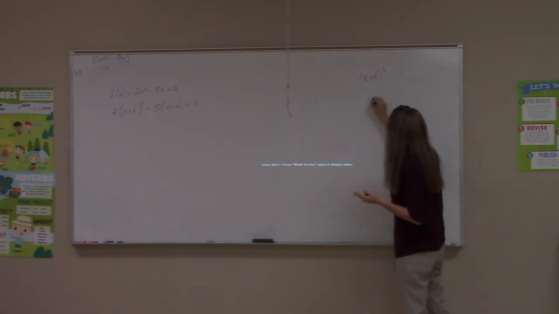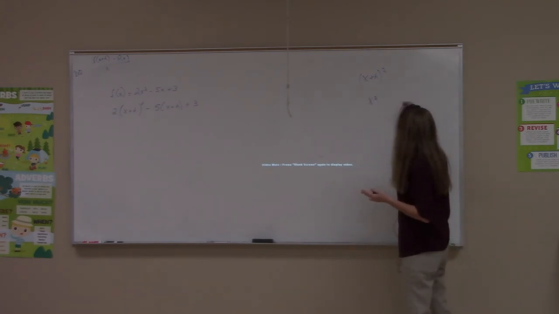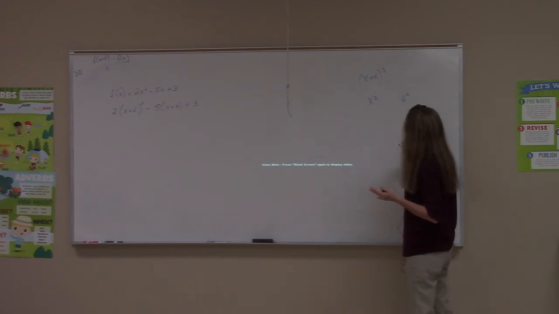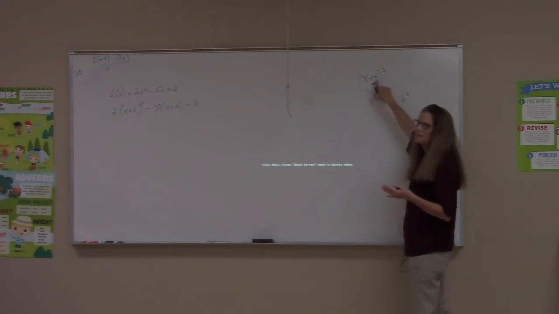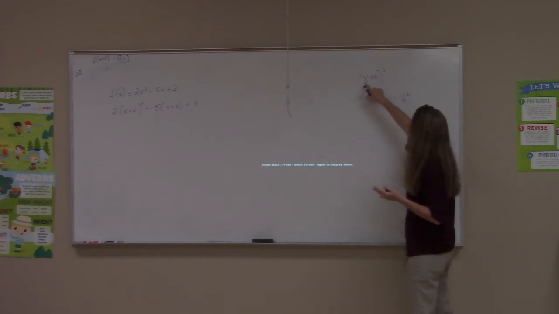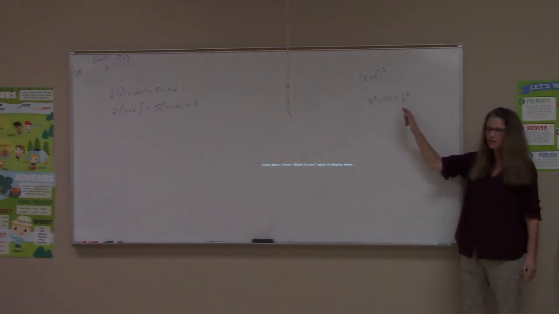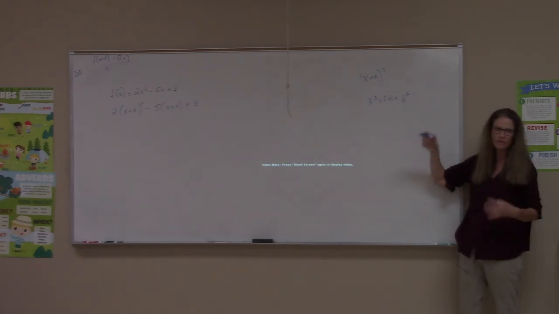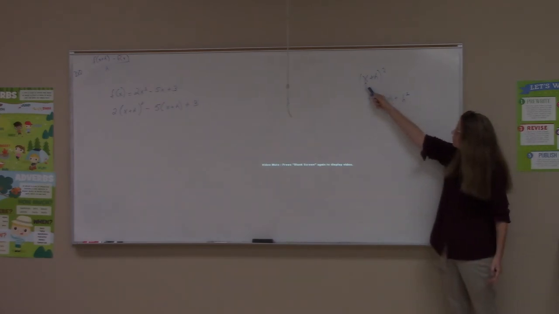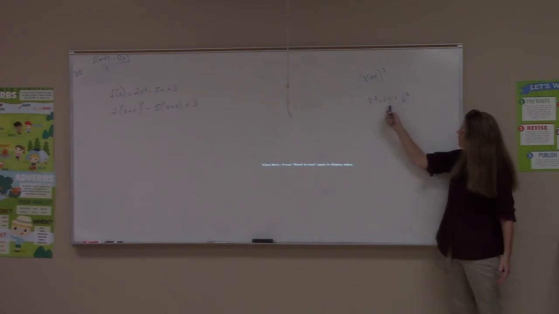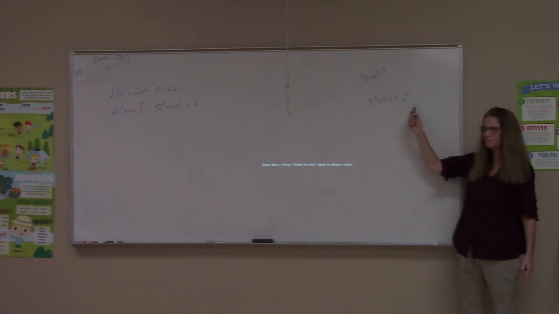Square the first one, square the second one, and then it's going to be 2x, multiplied and double it. That will always be that every single time, so you don't have to re-FOIL it every time. Square the first one, multiply and double, and square the last one.